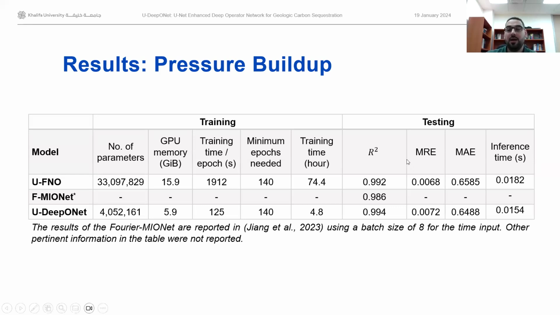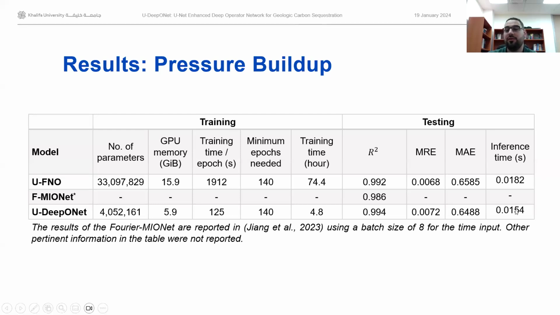Now, if we look at the R-score, the UFNO actually surpasses the U-DeepONet in terms of the mean relative error, but it's a slight win for them. For the mean absolute error, the U-DeepONet is more accurate. So in 2 out of 3 metrics, the U-DeepONet is more accurate.